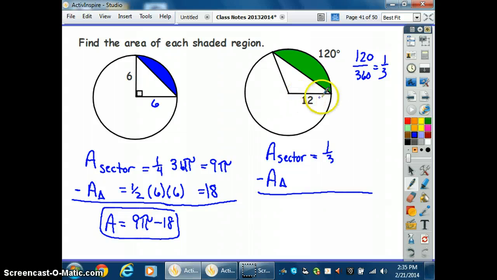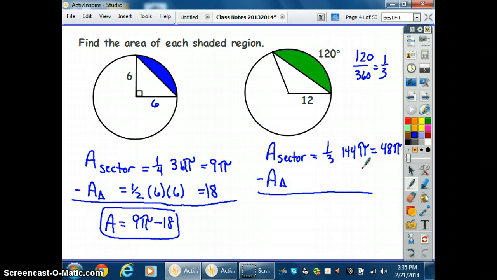Now our radius is 12 and our area is pi r squared. R is 12, so 12 squared is 144 pi. And 1/3 of 144 is 48 pi. 144 divided by 3.